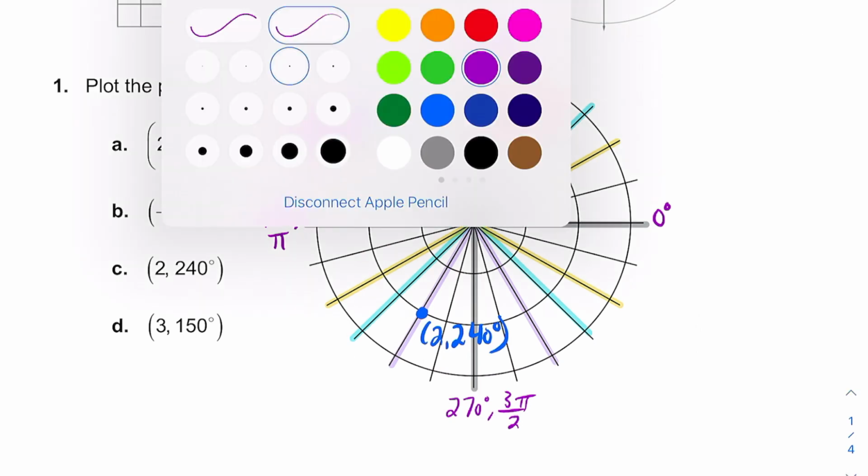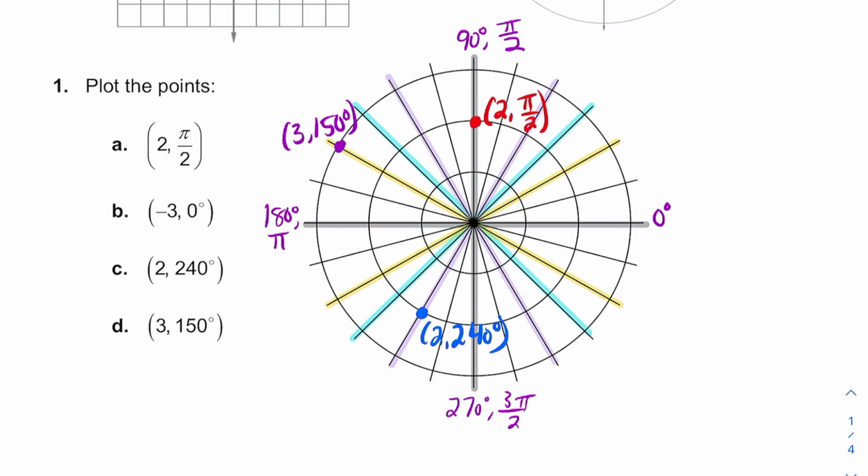All right, so what in the world does that negative mean? Well, let's at least first do it if it was a positive answer. If this point was a positive 3 comma 0 degrees, that would put us along the line of 0 and then out here at positive 3. So what a negative does in general when we count is it takes us the opposite direction.